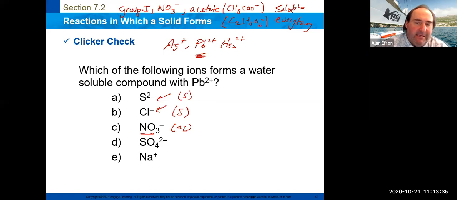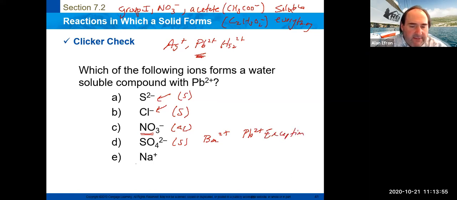Lead coming together with sulfate. Sulfate is soluble in everything, but there are some exceptions, and one of the exceptions would be barium and also lead. So this one would be solid.